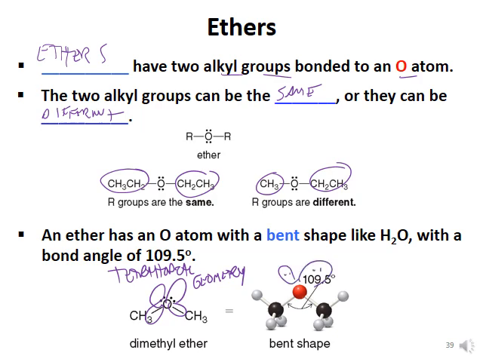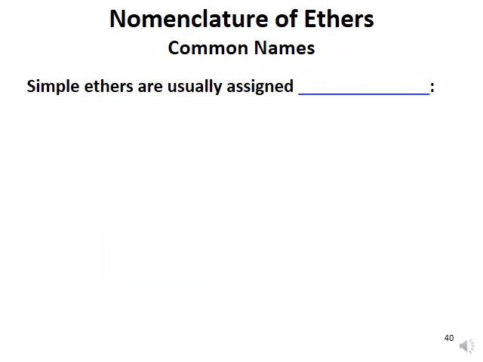See, I drew them in, but you couldn't see them. That's a bent shape, 104.5 angle. Don't worry about the angle. It's a bent shape. And because of that, ethers have polar bonds and they're polar molecules. So let's do some nomenclature.